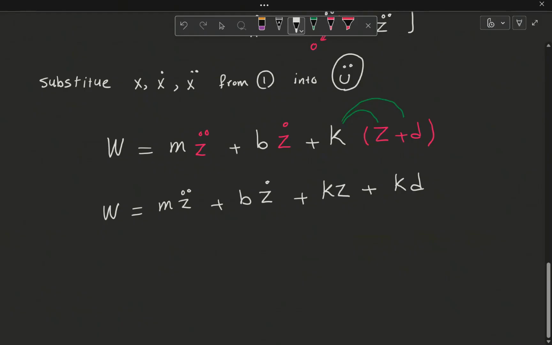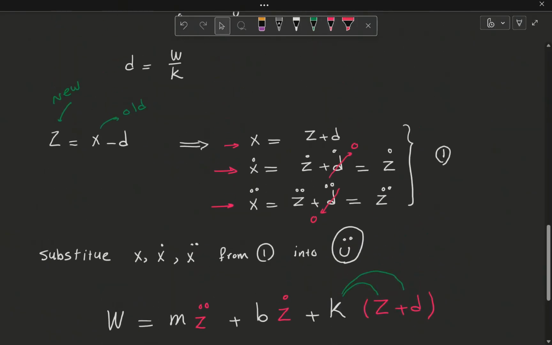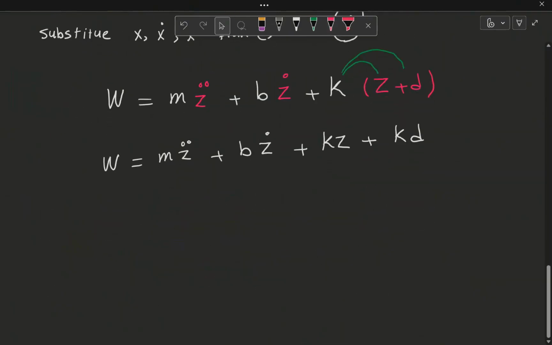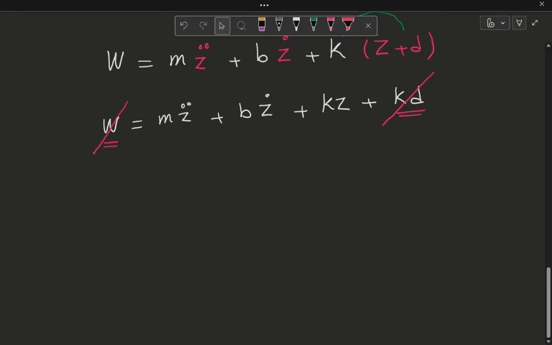So can you guys see it now? Well, it might not be clear, but look at this. This equation that we had for the static equilibrium point, and this equation which was for the W. You said the value of the W was in fact equal to kd. So on the right hand side, kd is equal to the W on the left hand side, so you can safely cancel out these two terms. So what do you end up with?